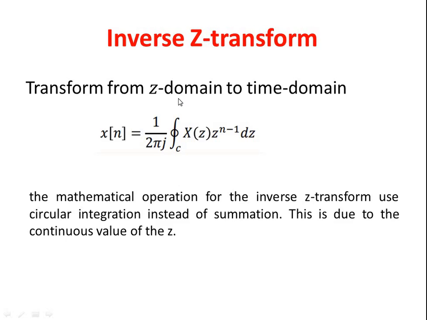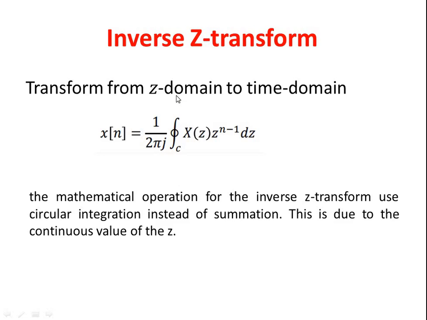In the Z domain we have used summation, and in the time domain we are going to use integration. So in the time domain we have the discrete form of the signal, x of n. From X of z we are going to get x of n, and we integrate that signal with respect to dz, where the integration is a circular integration.